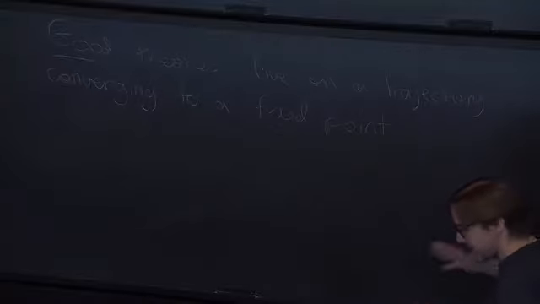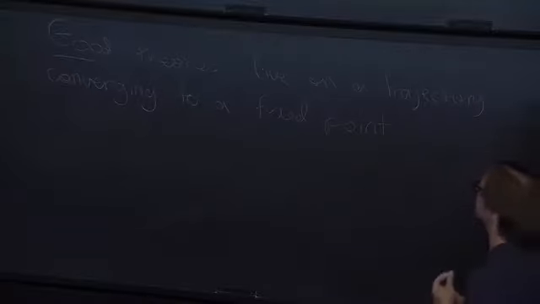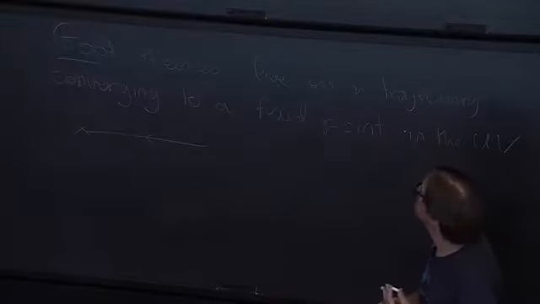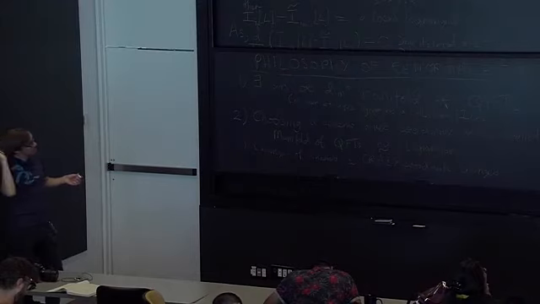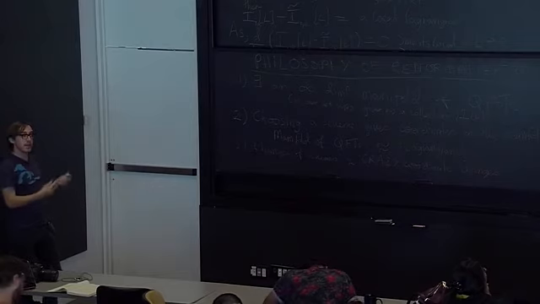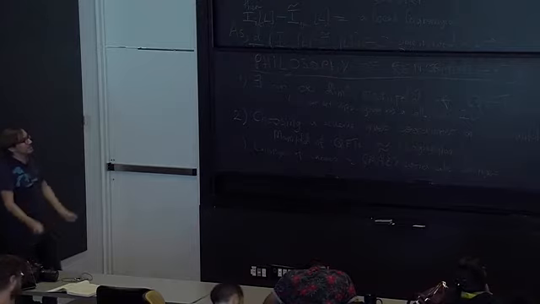So a fixed point, as we scale, kind of look at things at a smaller scale. And what's nice about this is that in almost all cases, there's going to be a finite dimensional space of good theories.